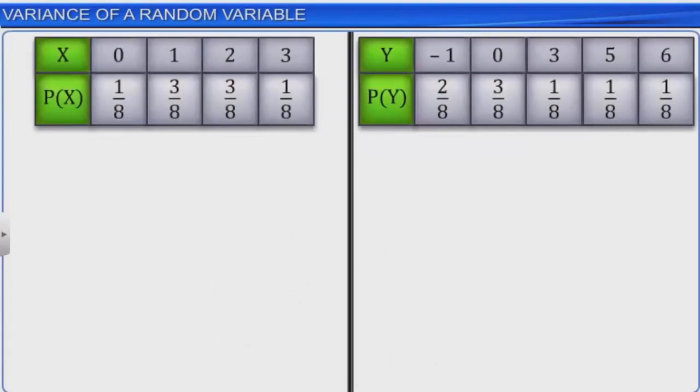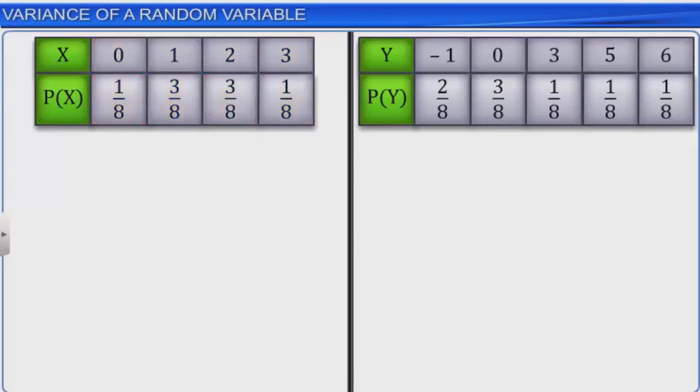Take a look at the probability distributions of two experiments. In the first distribution, the possible values of random variable X are 0, 1, 2, and 3. Their respective probabilities are 1/8, 3/8, 3/8, and 1/8.